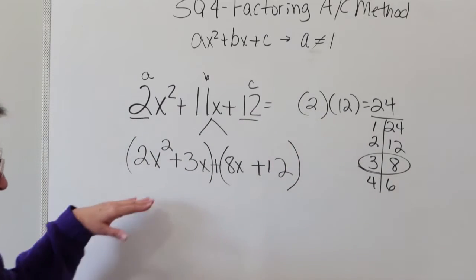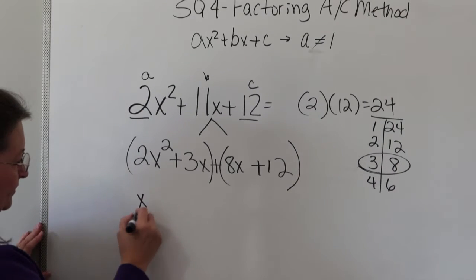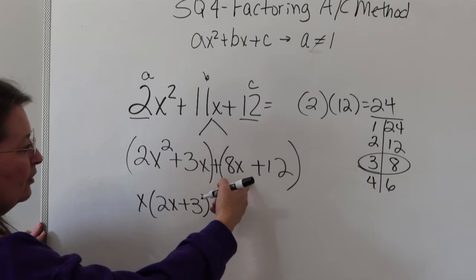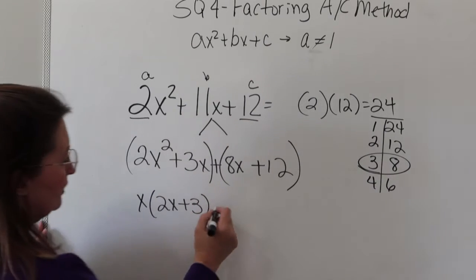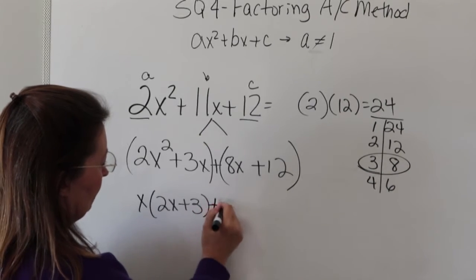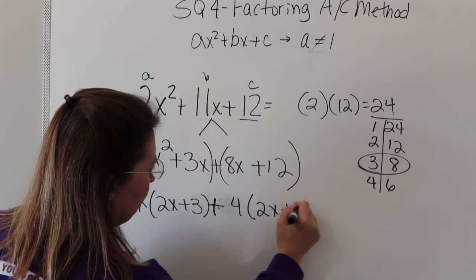Alright, I've grouped them. My greatest common factor here is x. So I have 2x plus 3 left. My greatest common factor here is 4. Don't forget that plus sign. 4 times 2x plus 3.